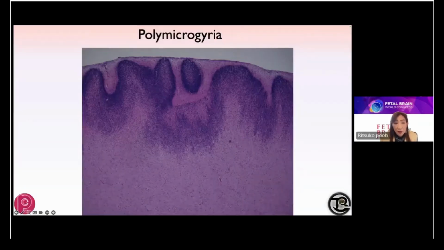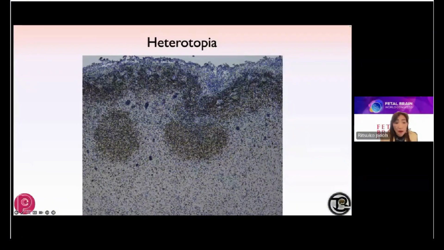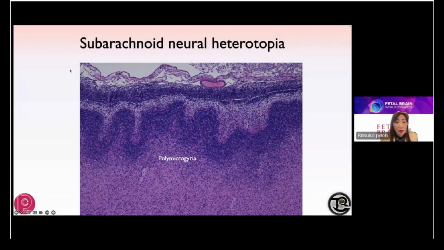And actually, these are the histology findings. This is polymicrogyria, and this is heterotopia here and there, and subarachnoid neural heterotopia. There's one more cortical layer here.